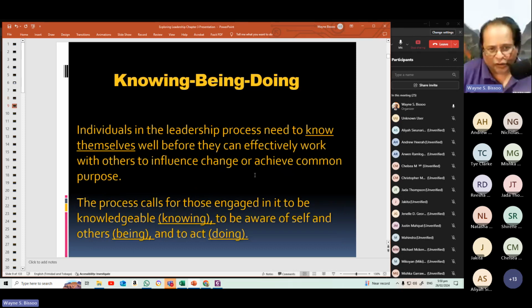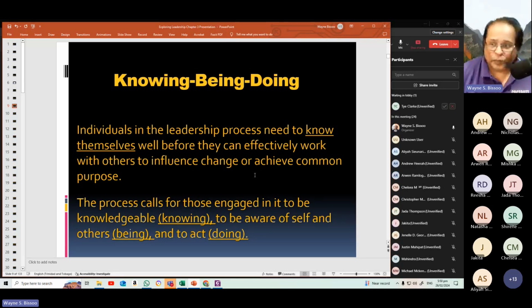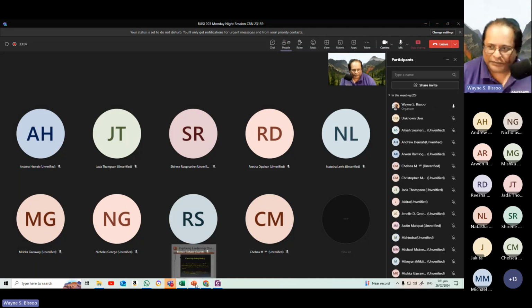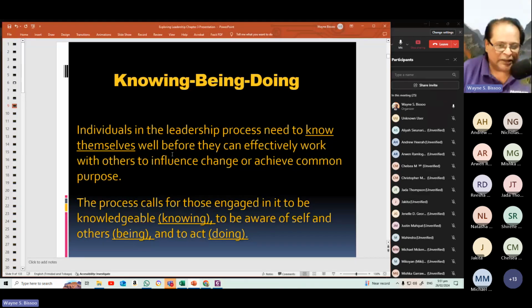Now, we met the knowing, being, doing cycle before. So individuals and leadership processes need to know themselves. We know about that part. They need to know themselves well before they can effectively begin to work with others and influence them to achieve some common good.